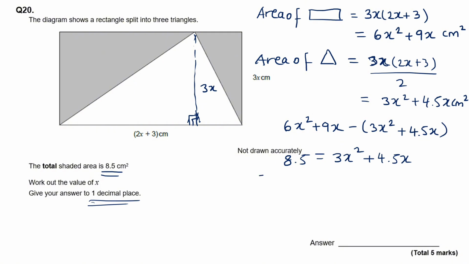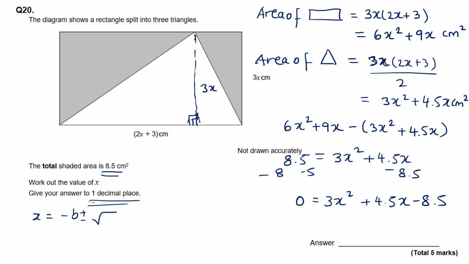So we can take 8.5 away from both sides and use the quadratic formula. So I could double all of these to make it 6x squared plus 9x and so on, or I could just use it as it is and substitute it into my formula, negative b plus or minus the square root of b squared minus 4ac, all over 2a.